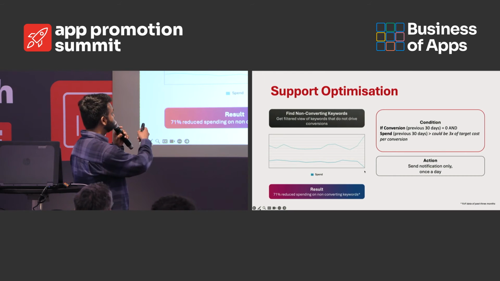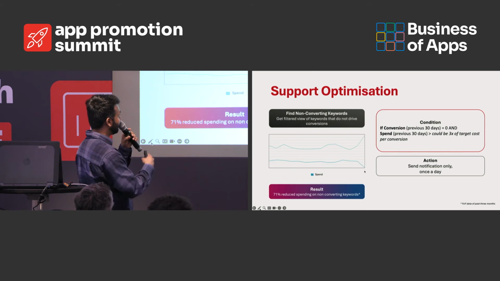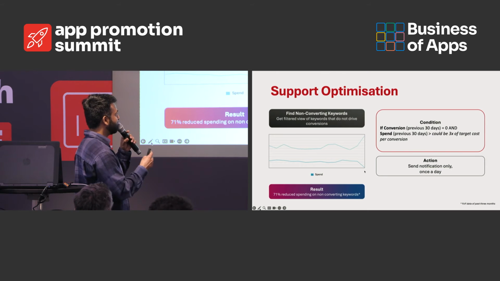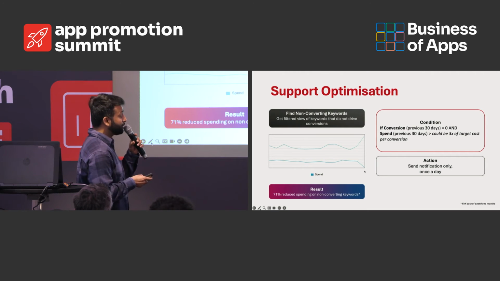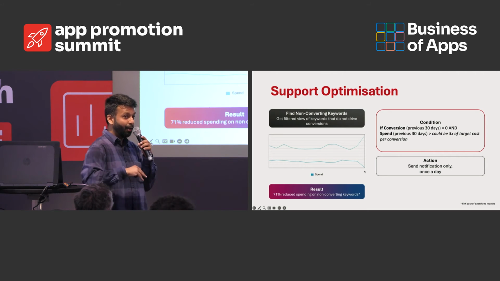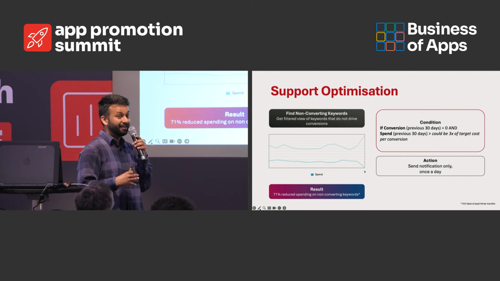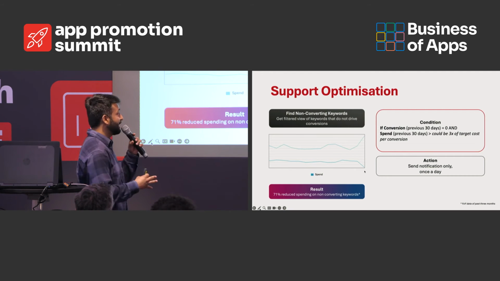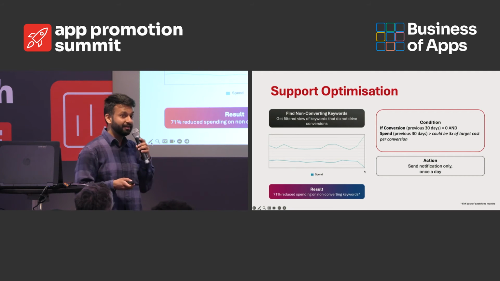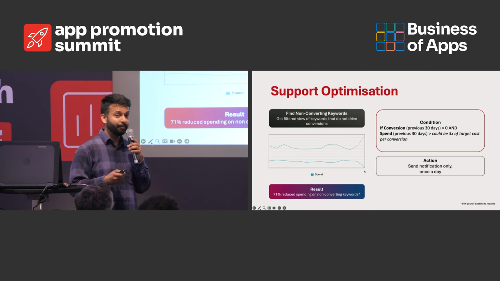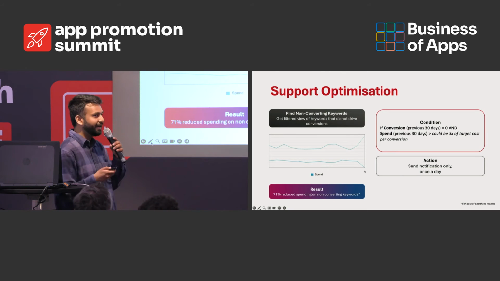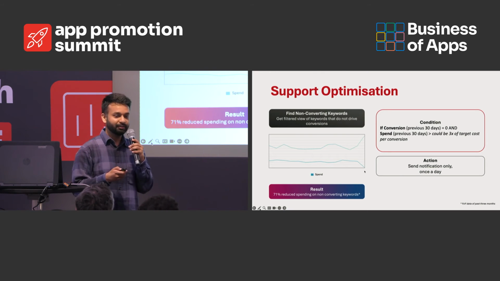As you can see in the chart, the dotted line shows how much I was spending on non-converting keywords before and how much I was spending after making this change. And I was able to reduce my spending by 71% by enhancing the way I optimize my account using this automation rule.